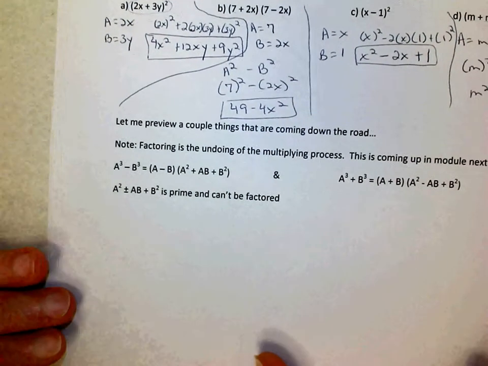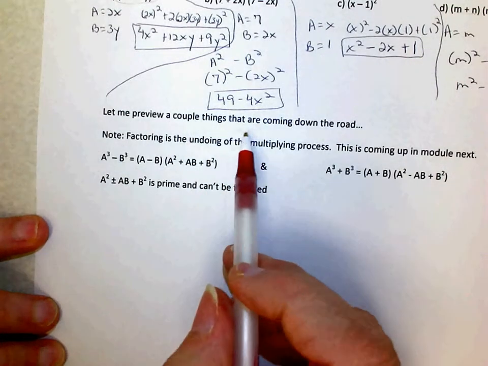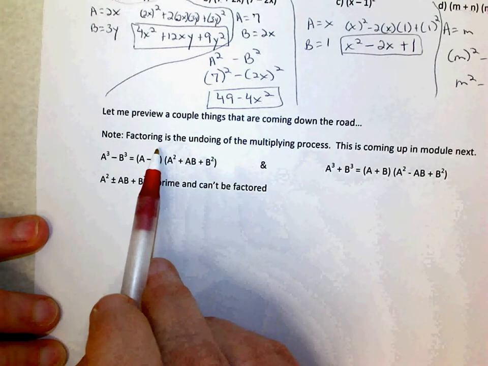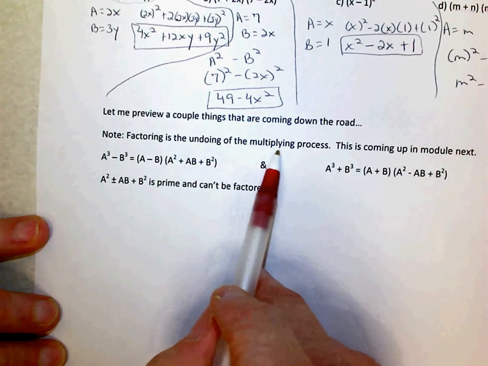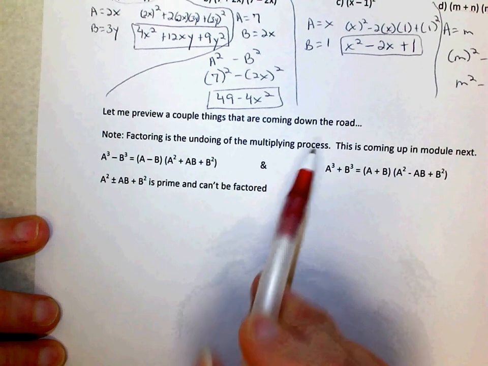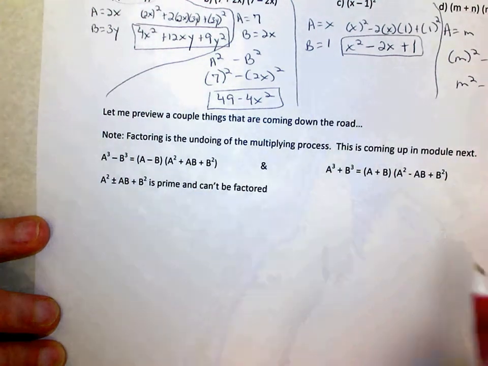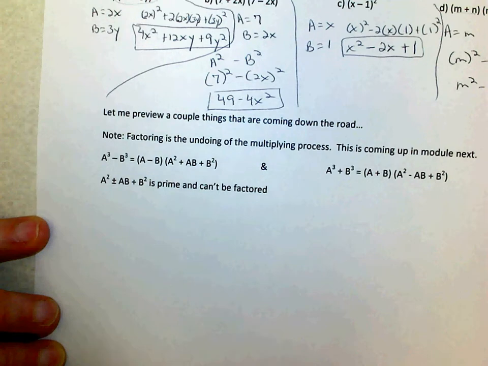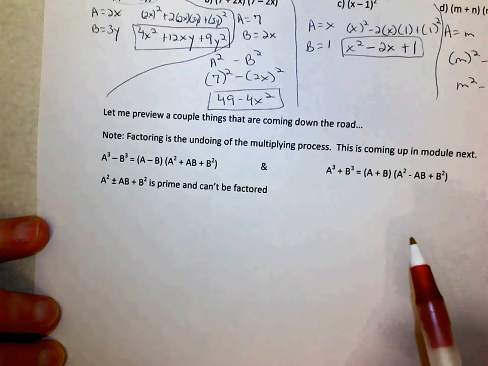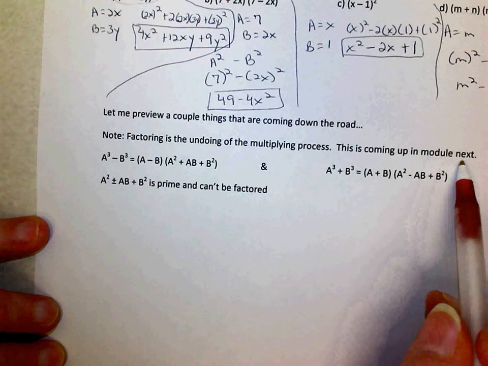Okay, I want to preview a couple of things that are coming down the road, and it's called factoring. Factoring is the undoing of the multiplying process. Here we've been multiplying, and on 10.5 we multiplied. Well, factoring is the undoing of the multiplying. So this is coming in the next module, which is module 4.